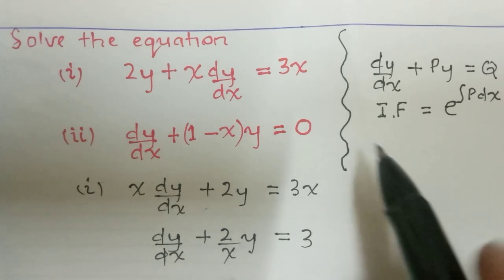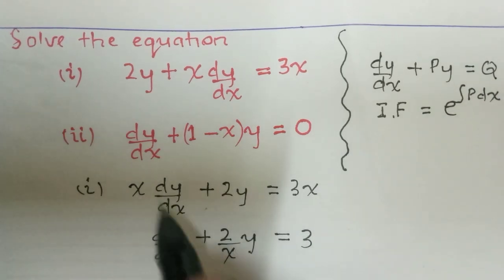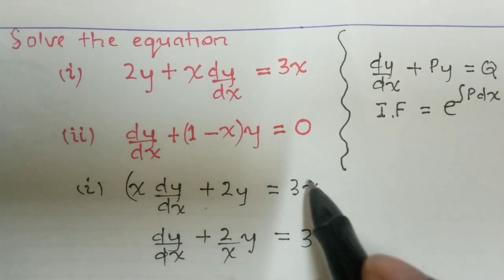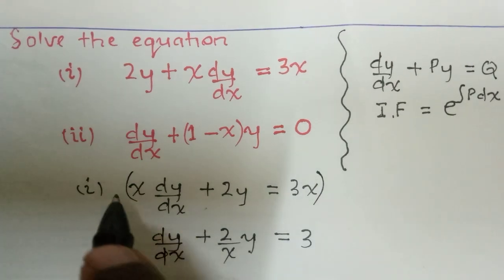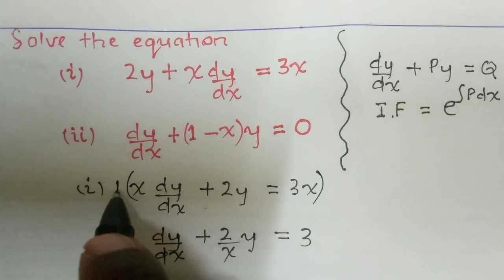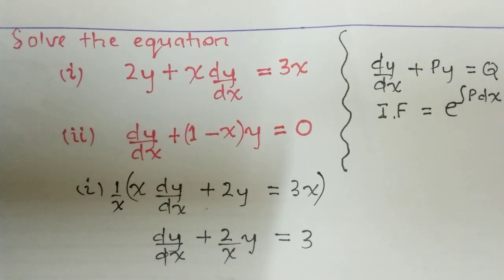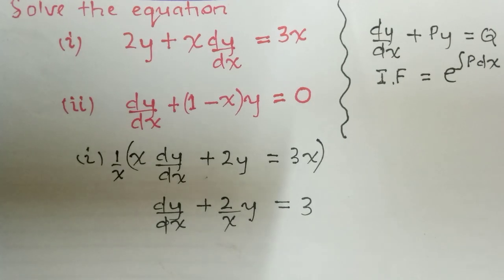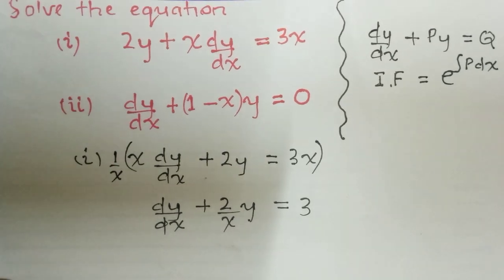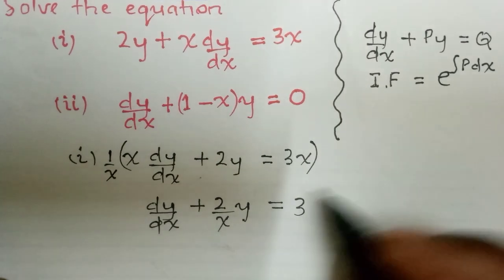That's when we divide the whole equation by x, that is, by 1 over x. And the reason we do that is so that we can leave the whole equation in this format. Now we come and employ the integrating factor.